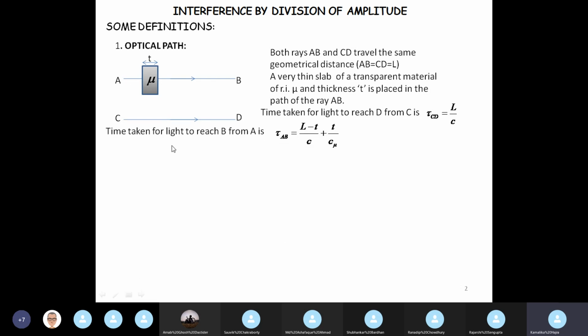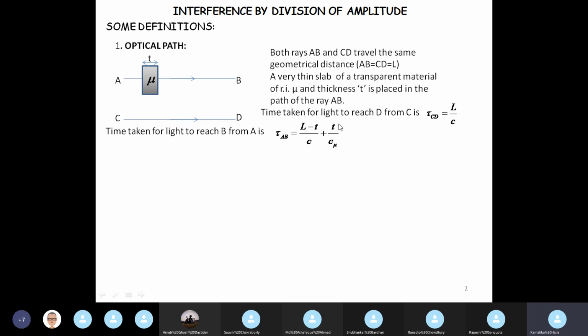Now, the time taken by light to reach B from A, which is tau AB, is (L minus T) by c plus T by c_mu. So, L minus T is the distance traveled in air with the speed c, whereas T, small t, is the distance traveled within the material of refractive index mu, and within it light will travel with a velocity c_mu.